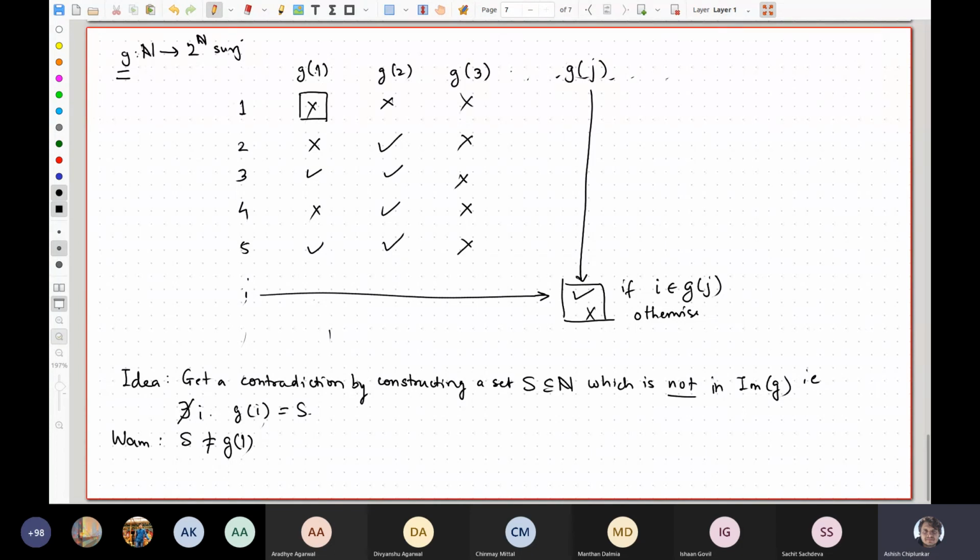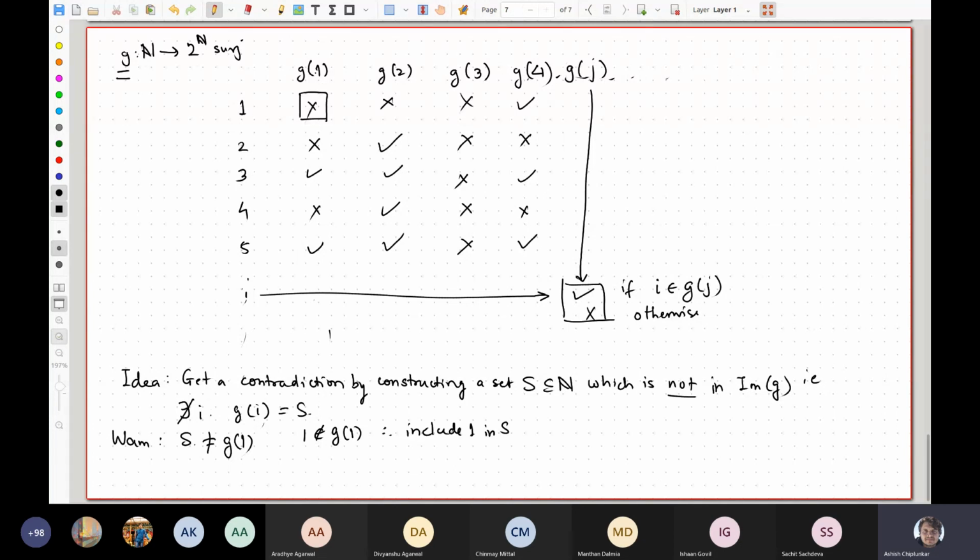And let us also take G4 maybe. If we look at this table, G1 does not contain the element 1, so 1 is not in G of 1, therefore include 1 in S.